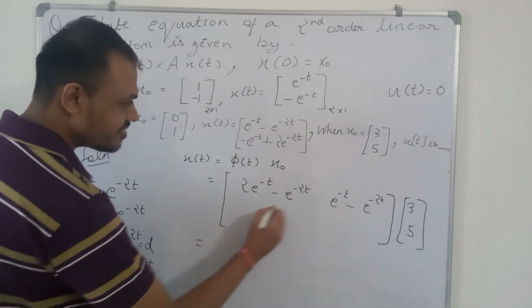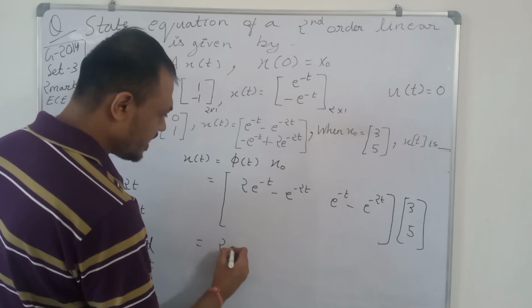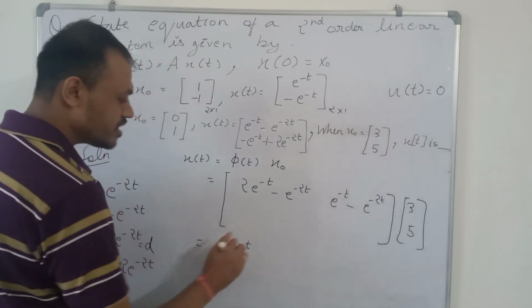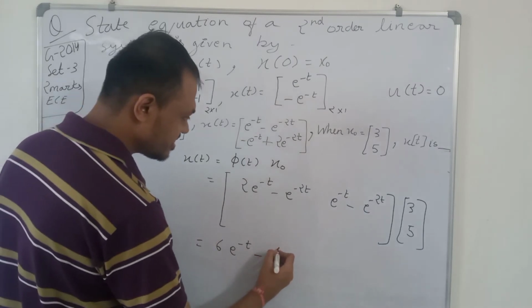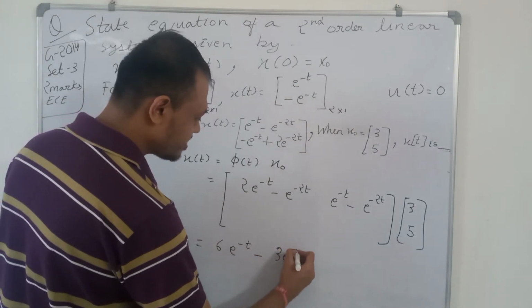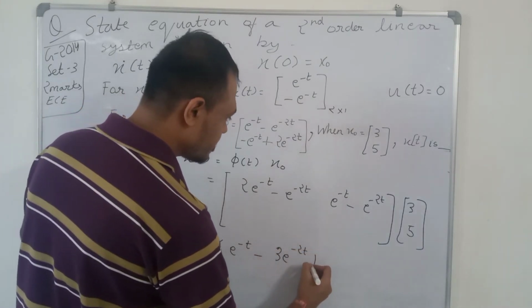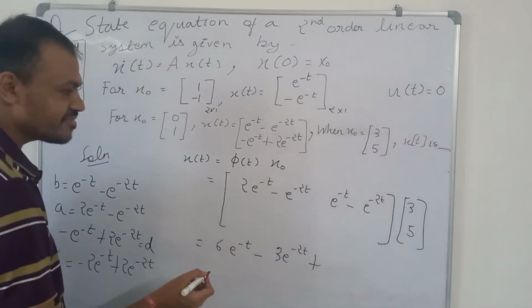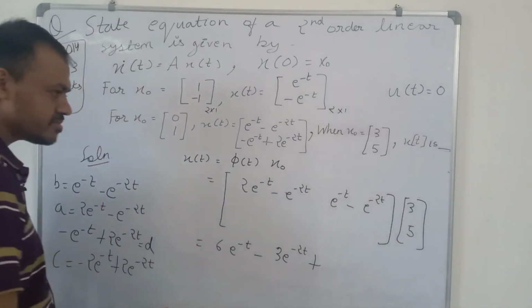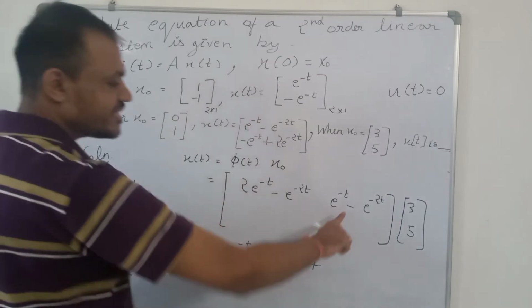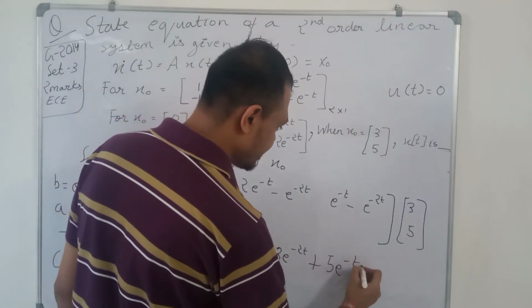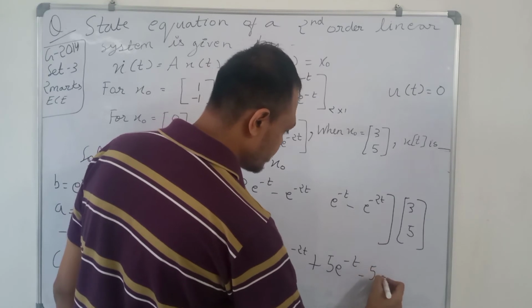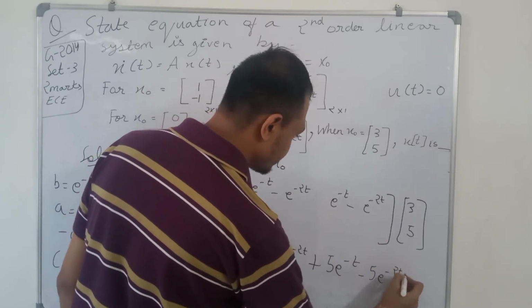Solving this, 2 e to the power minus t into 3 is 6 e to the power minus t, minus 3 e to the power minus 2t, and multiplying b by 5 gives plus 5 e to the power minus t minus 5 e to the power minus 2t.